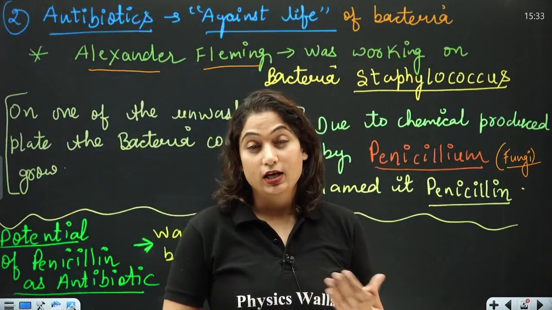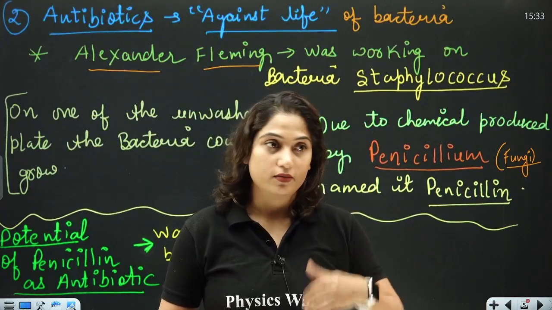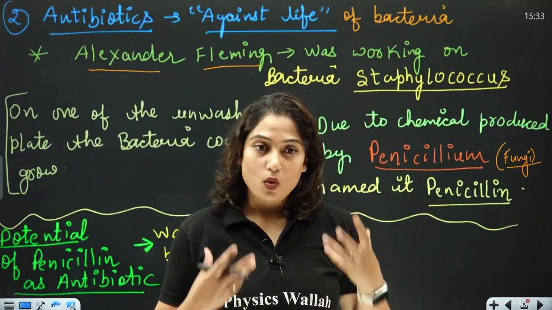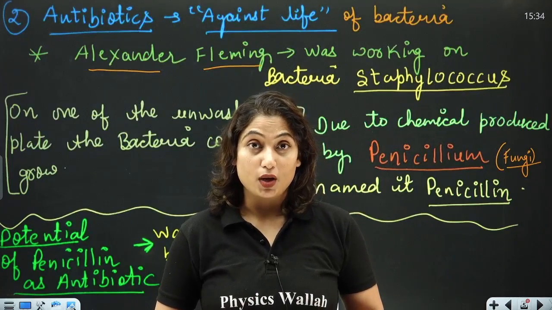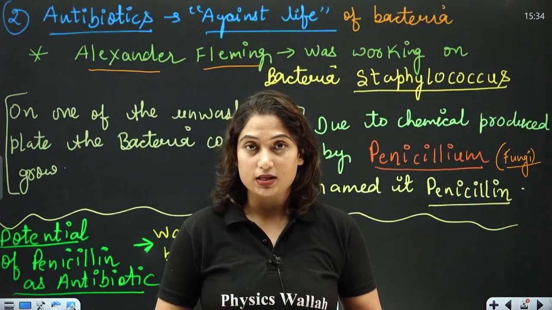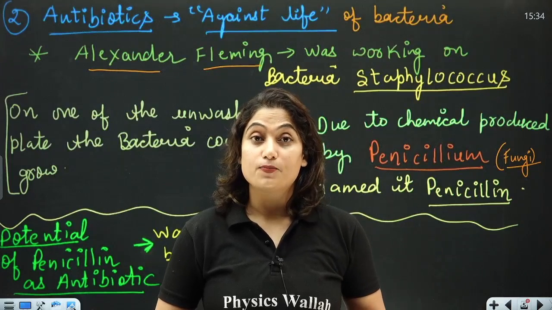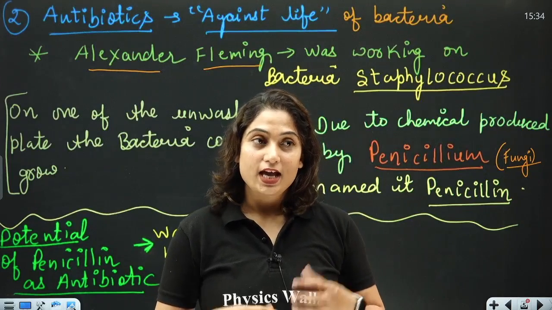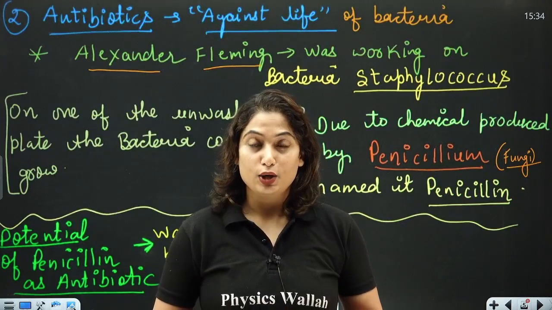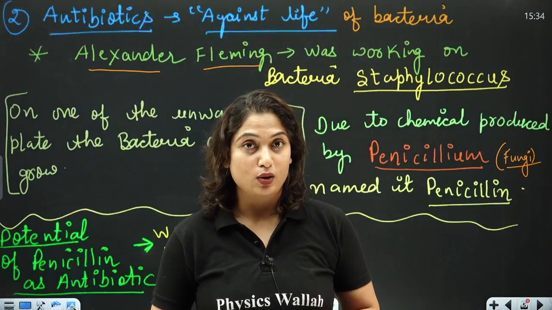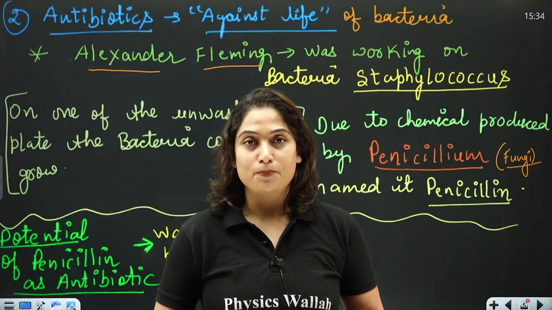So after one day when he came back to his lab, he saw that all his bacteria were dead. So he thought, what happened that all the bacteria in this petri dish are dead? So he found out that the petri dish was contaminated with fungi. And what fungi was present in that petri dish? It was penicillium. So he discovered that the penicillium fungi secreted some chemical due to which the bacteria Staphylococcus died. And later on, he named that chemical as penicillin.